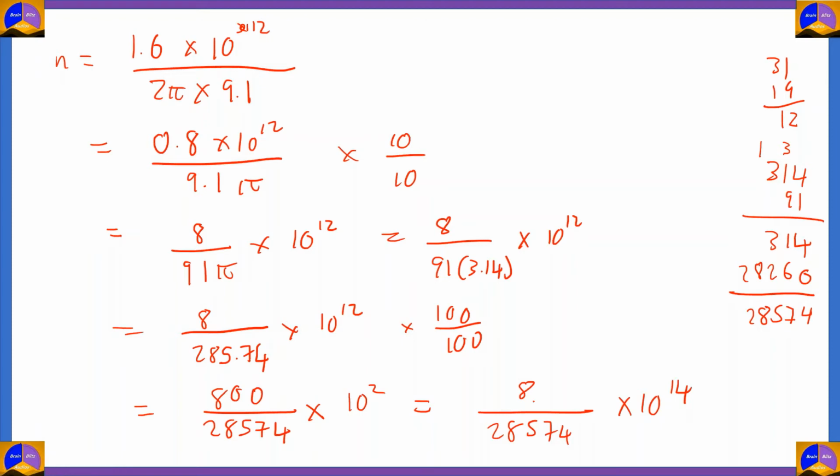So now we can take 2 common from both ends and cancel it. So dividing both sides by 2. So 8 by 2 will give you 4. And divided by, let's take 28574 and 2, 28, that's 14, 28, 0, and then 5.